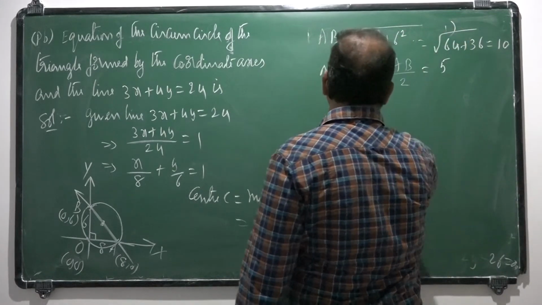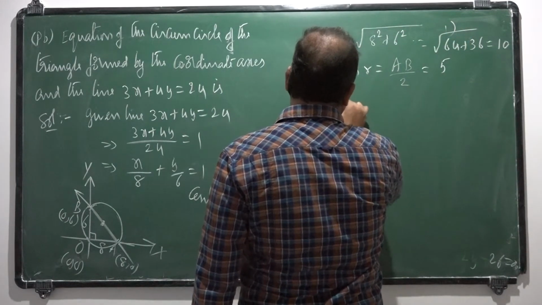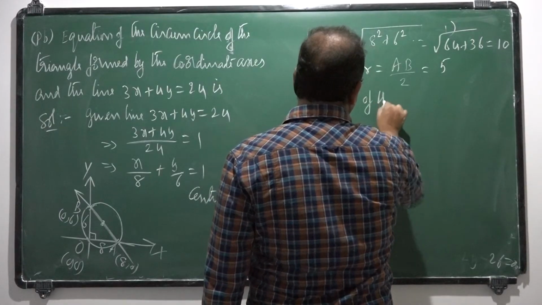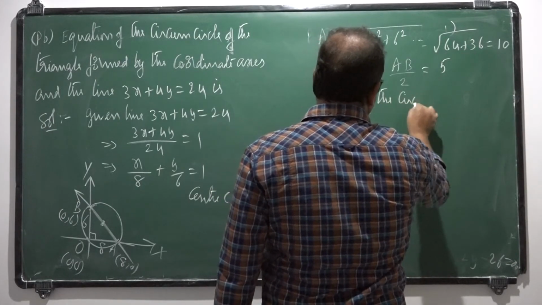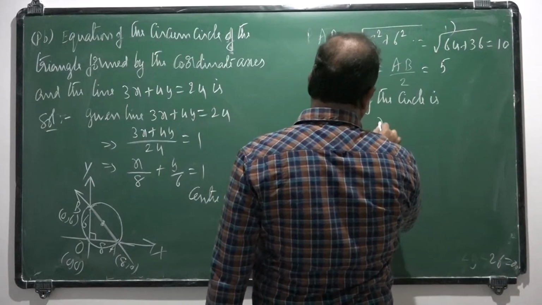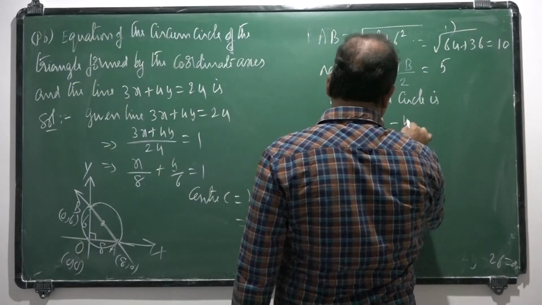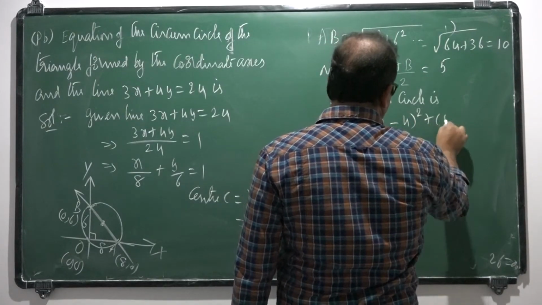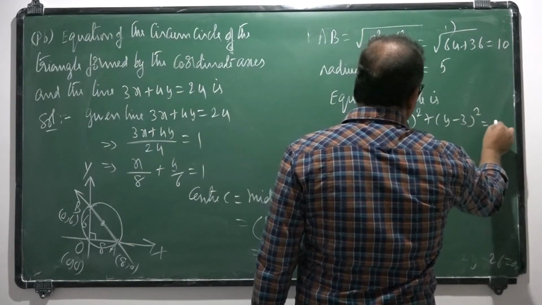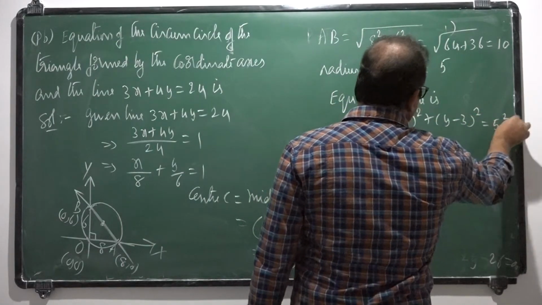And center is known, radius is known. Equation of the circle is x minus a whole square plus y minus b whole square is equal to r square, 5 square.